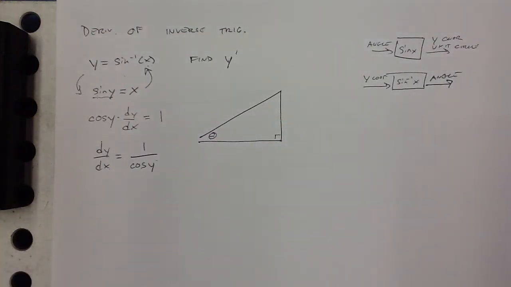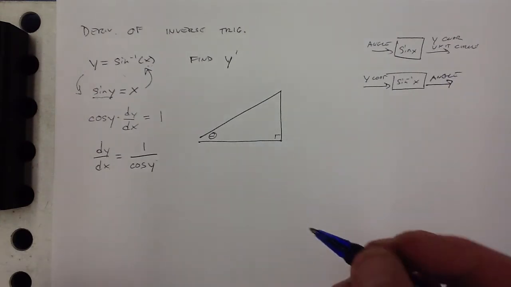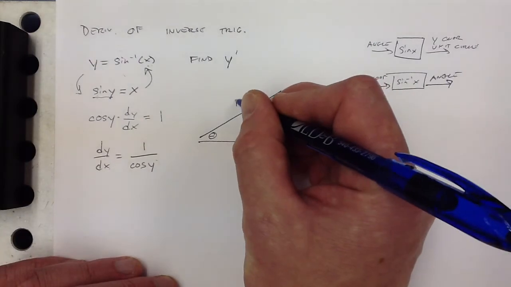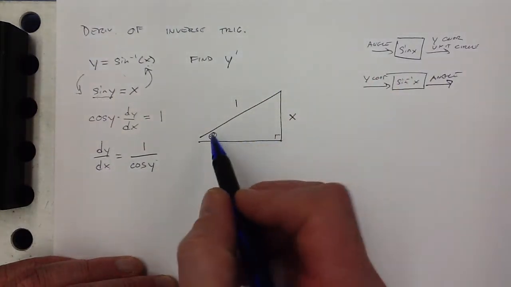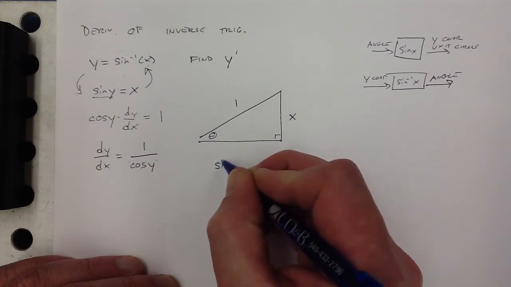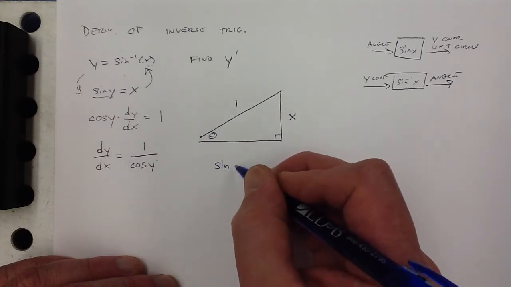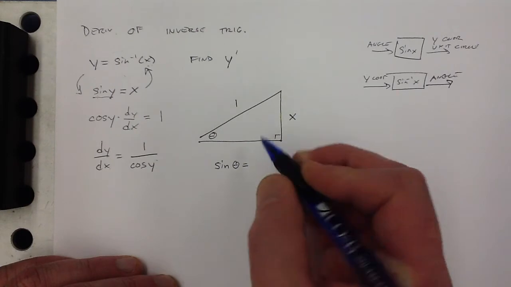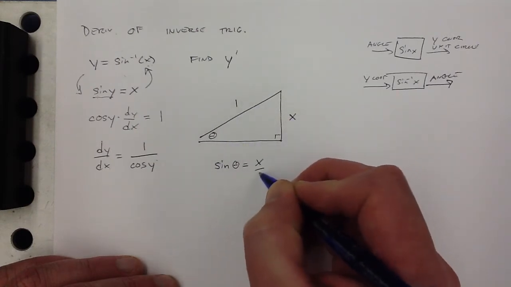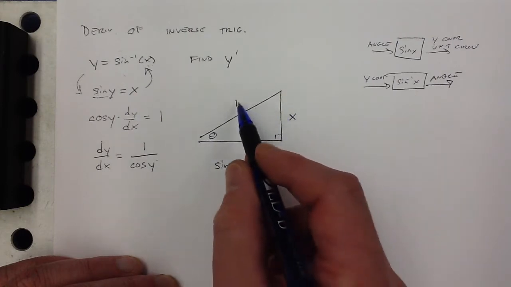Now, I'm going to carefully label the sides of this. I want this side to be x and this side to be 1. So what I'm thinking about here is this relationship from basic trig. You know that sine of theta will be equal to x over 1, right? Sine equals opposite over hypotenuse.